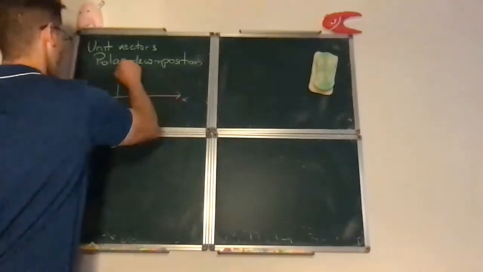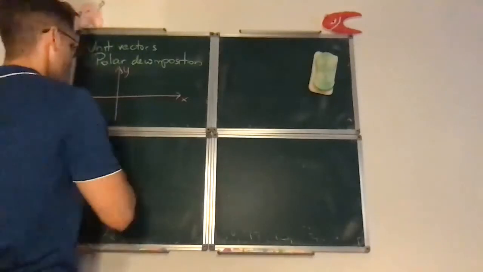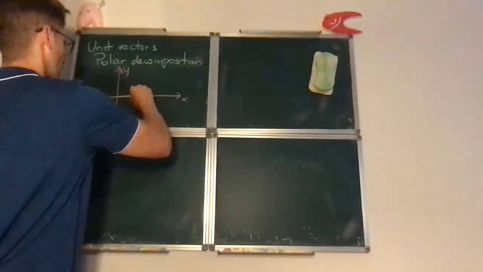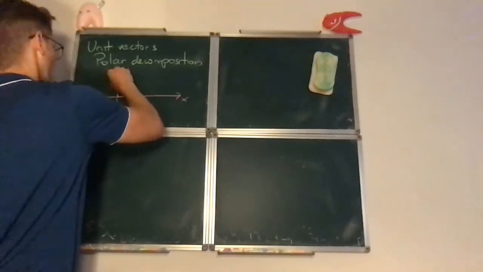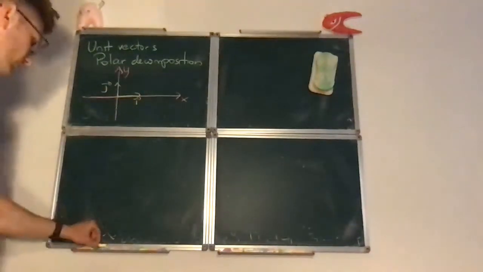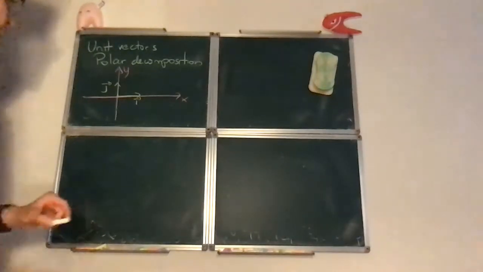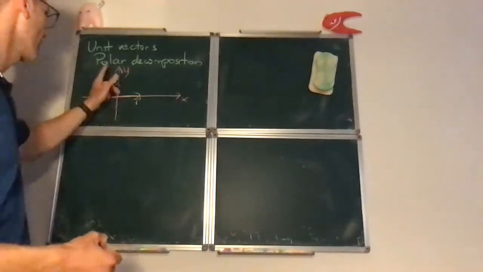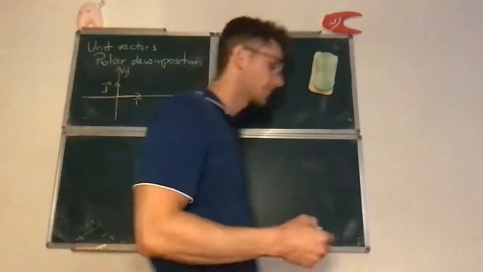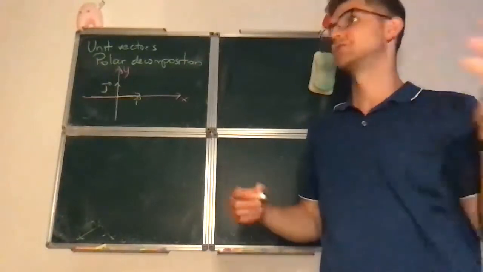Remember, for example, that if you have the xy plane, then you have these two unit vectors, i and j, right? These vectors point along the x-axis and y-axis, and they have unit length. But you should just think of the x-axis and y-axis as just two straight lines.